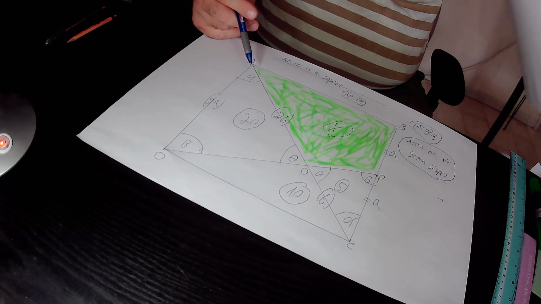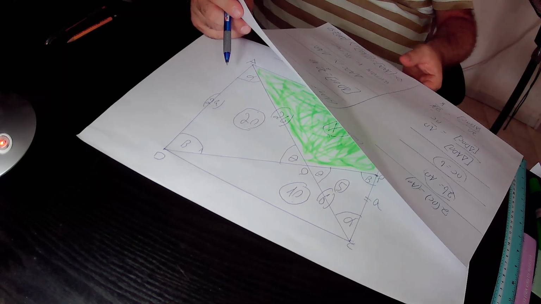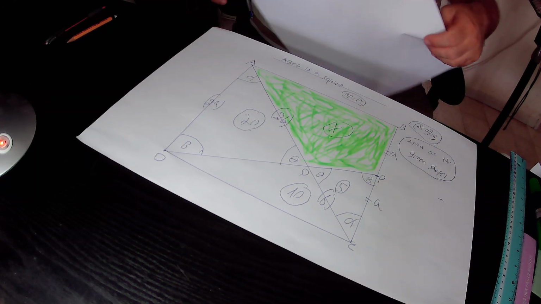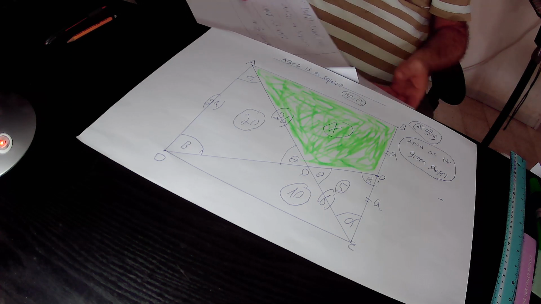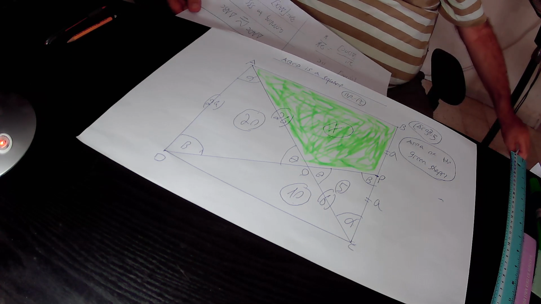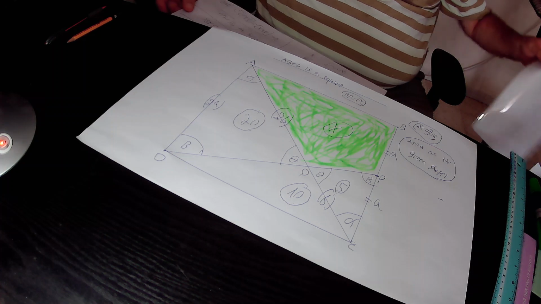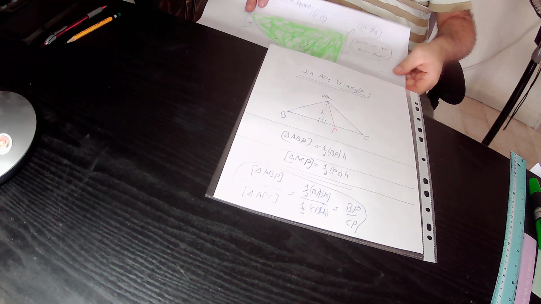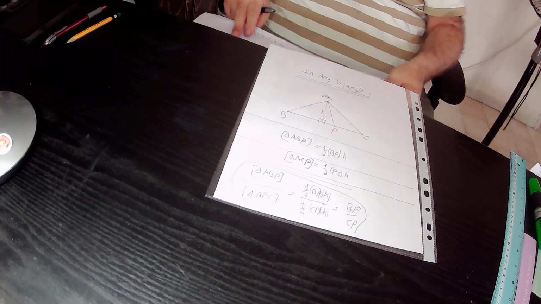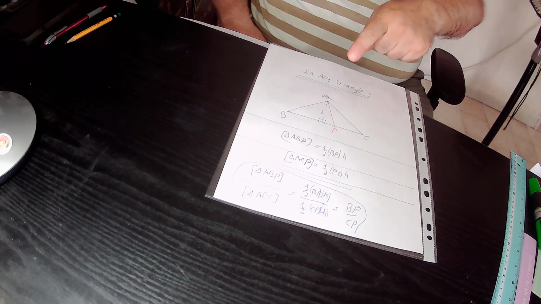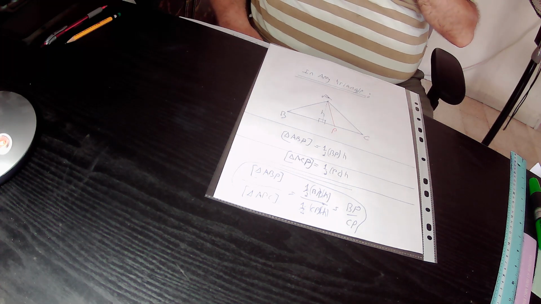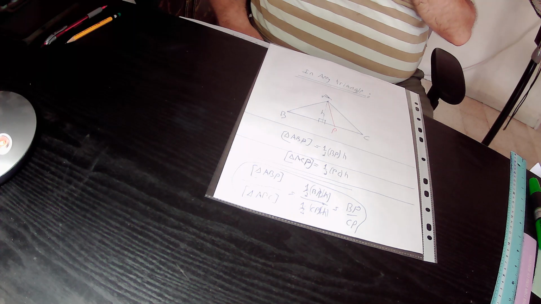In the next step, I presented a new rule and we implemented it in our drawing. According to the new rule, here is triangle ABC that could be any triangle. If we draw the line segment AP, it divides triangle ABC into two parts.